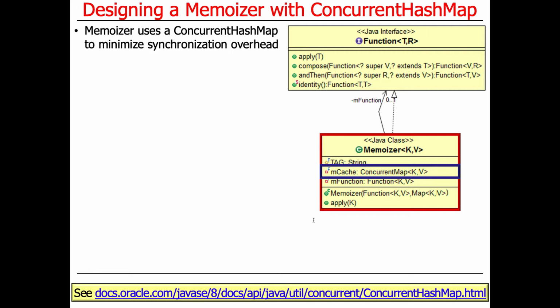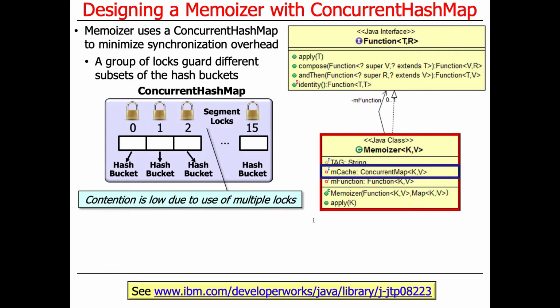Internally, the memoizer uses the concurrent hash map to minimize synchronization overhead, and of course also to store the results. That's how we're going to cache the results. As we talked about before, concurrent hash map is clever because it uses segment locks so that there's less contention on the state of the concurrent hash map if multiple threads come along and try to access it, either putting or getting things from the map at the same time.